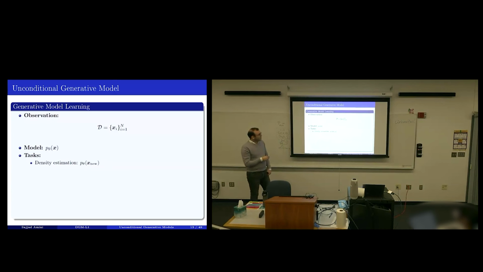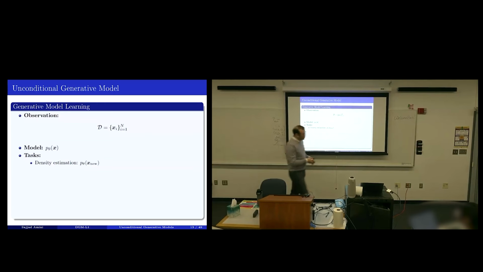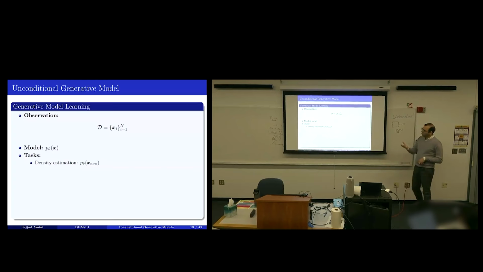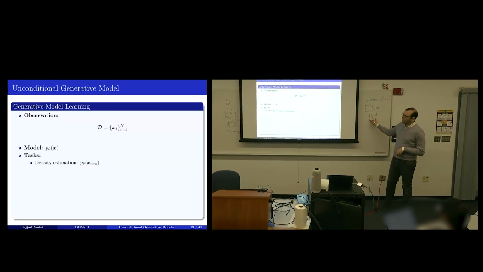What is the task? The tasks are a bit different from unsupervised learning. The first task is density estimation. It means that you have images of dogs with a specified dimension, for example, 32 by 32, and you train a model. We do not know how to train it. We want to understand that in this course, but for now, assume that I can train it and I have access to this distribution.